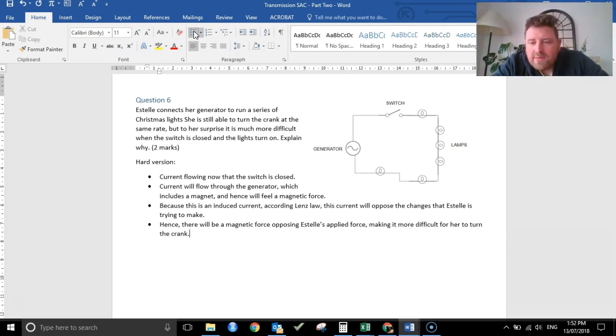I would always end with some sort of summarizing little sentence there saying, how is it that the things I've said above prove the thing that I'm trying to explain? Some of our explanations, and I think I still gave people 2 marks if they didn't wrap it up with a nice bow, but some of our explanations just throw some physicsy facts out that seem vaguely relevant, and hope that they hit the mark.